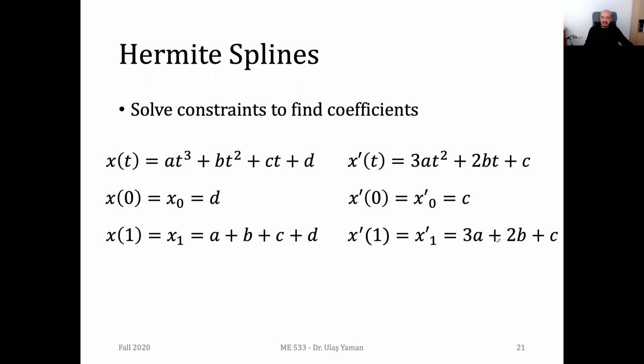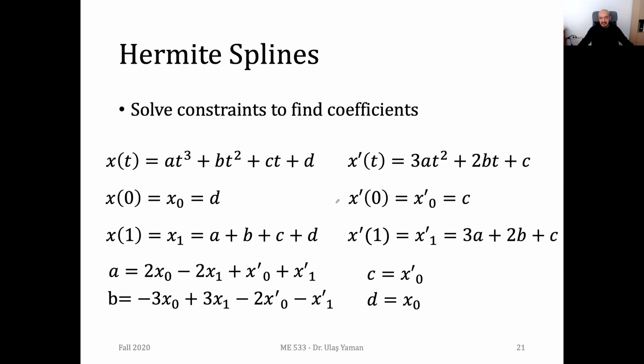This is the result. And now by solving these equations, we can clearly see that A is represented in such a form: 2 times the starting point minus 2 times the ending point plus the derivative of the starting point plus the derivative of the end point. And we have a similar one for B. For C and D, we have simpler expressions. But now we can have a matrix representation by using this relation.